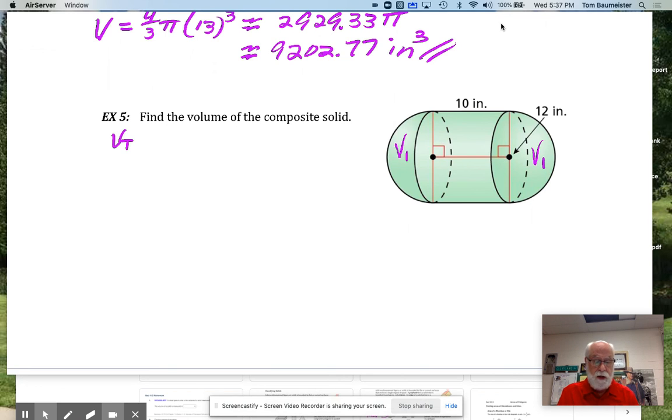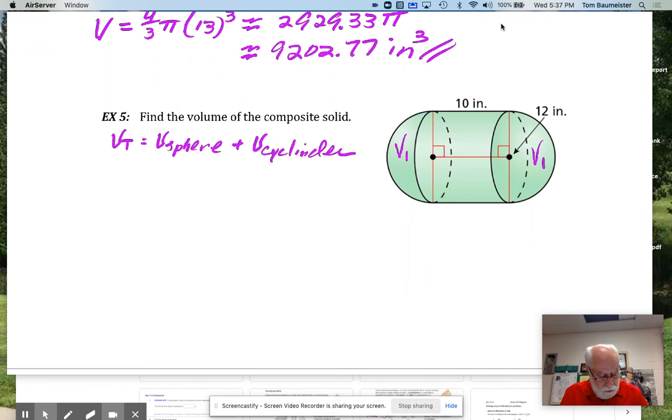Well, it's just a sphere. So on this one here, why don't we just go ahead and say that the total volume is equal to the volume of a sphere, or you could take 2 times the volume there, and then we have the volume of the cylinder. So let's go that way. That'll be a little easier.